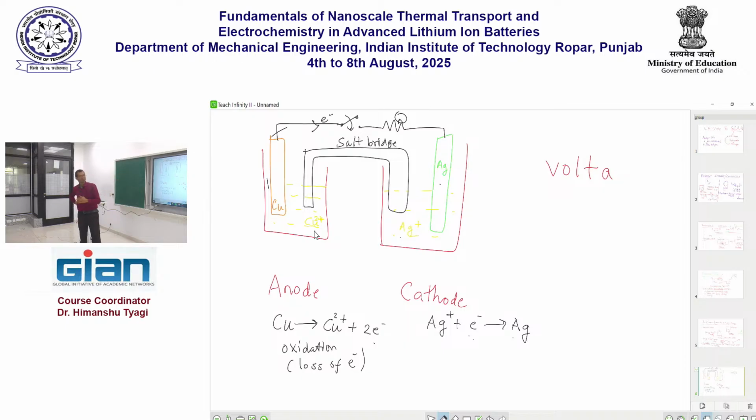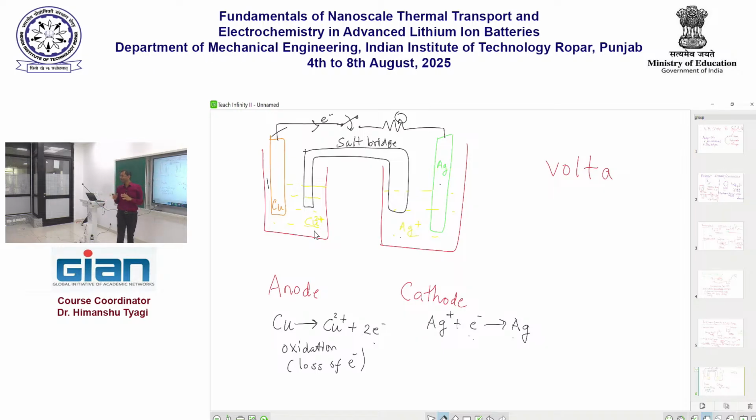Over the years, this very simple construction has become more and more complicated with many other electrochemical reactions in addition to this very simple one, and each of those have produced newer and newer, more and more complicated types of batteries, including the capability to cycle it.